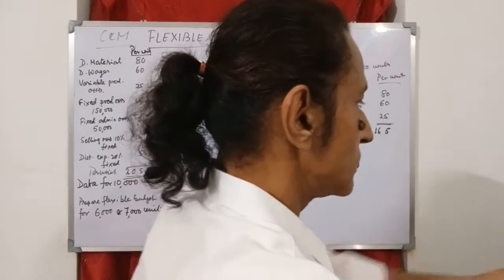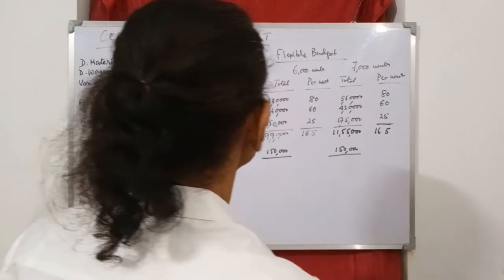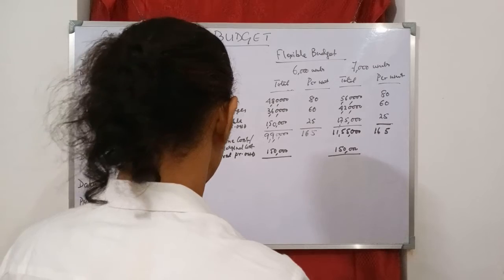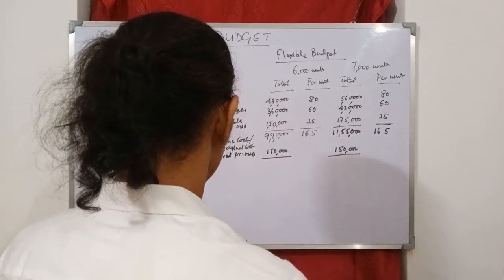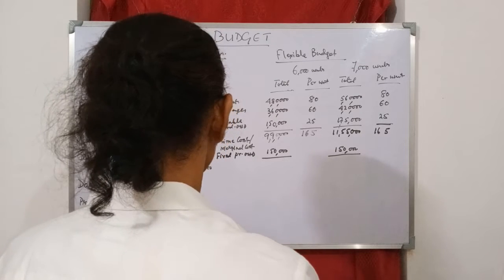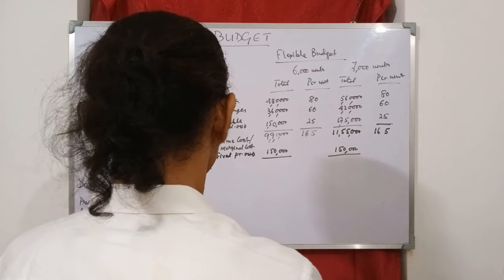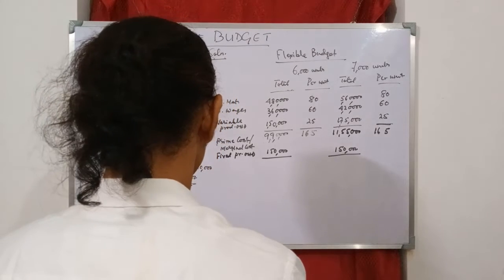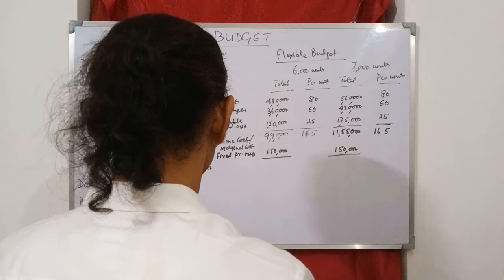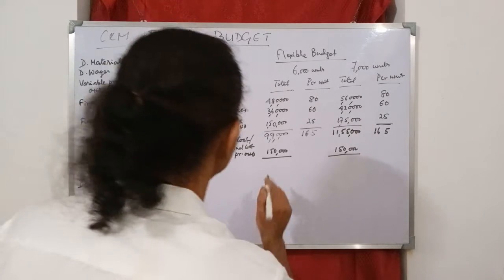Let us see what it comes to. 990,000 plus 150,000 plus 0, it comes to 1,140,000.